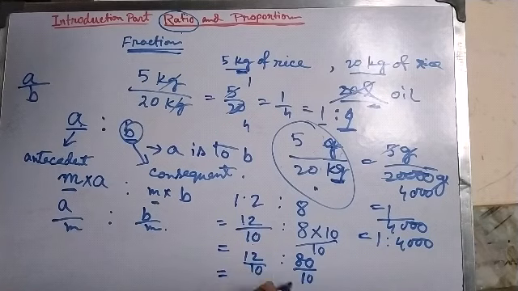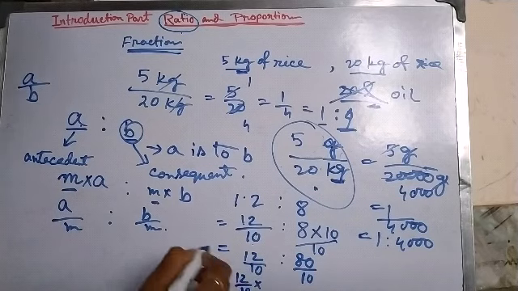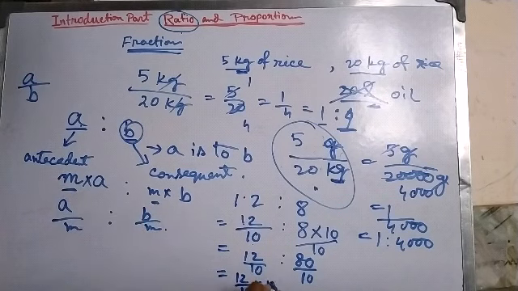So we can cancel this 10. That's why I told that if we multiply by any non-zero number, it will be the same for both terms. Then what is left? 12 is to 80.